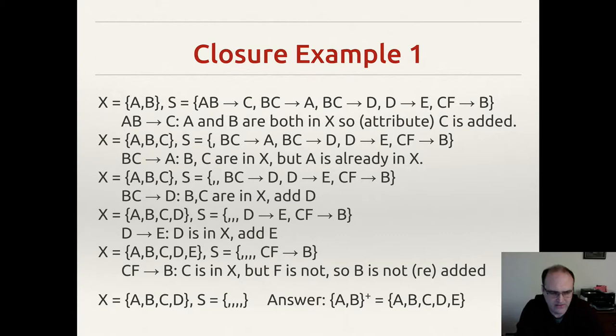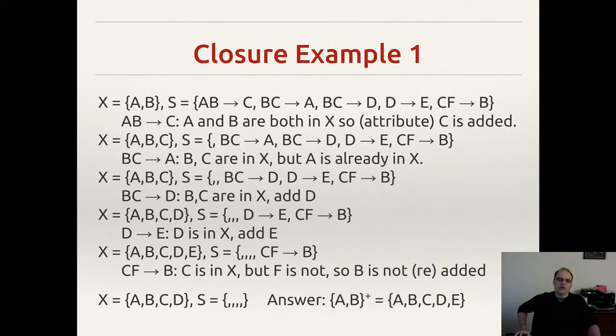For this last iteration, we have X with A through E, and we're testing B being functionally dependent on CF. Now, C is in X, but F is not. So we don't add B, though adding B would not have mattered because B was already in there. Note that F was never something on the right side to get evaluated.